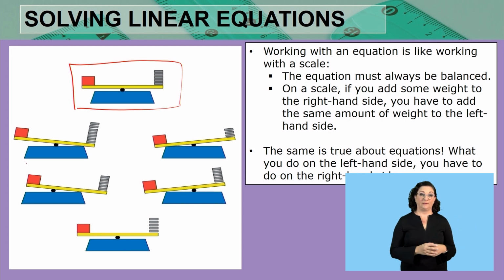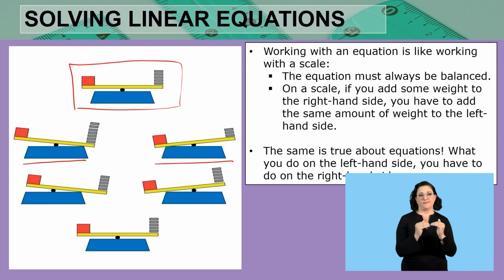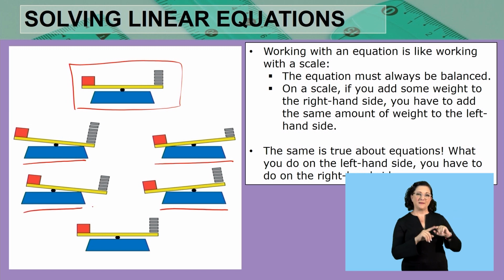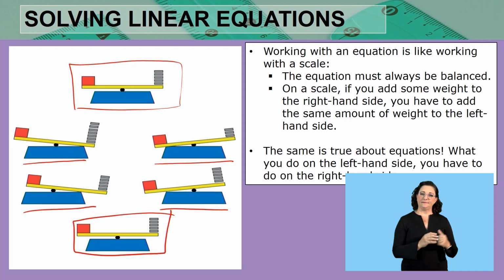But whatever I do on one side of the scale will make the scale become imbalanced. But then I can add some weight on the other side, and once I add the same things on either side of that scale, that is going to cause our scale to be balanced again. And that is exactly how an equation works, right? So the equation must always be balanced.